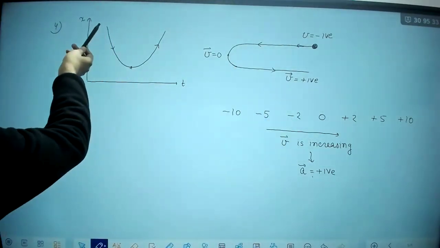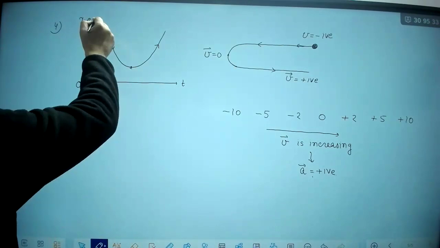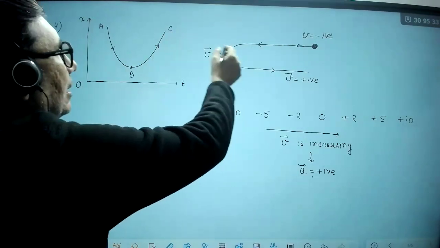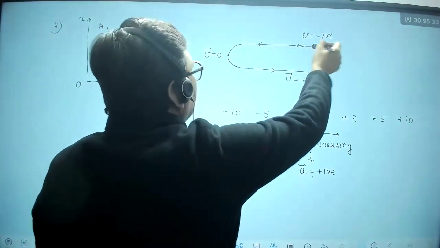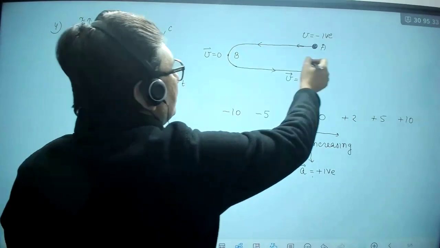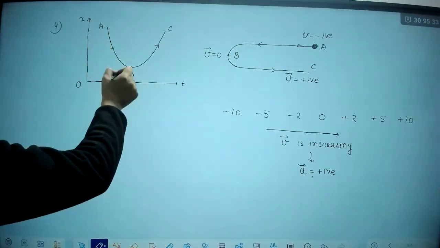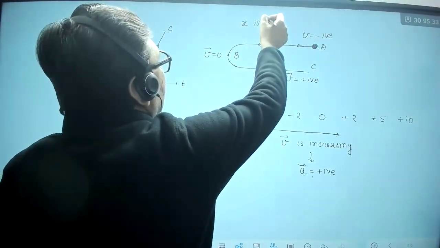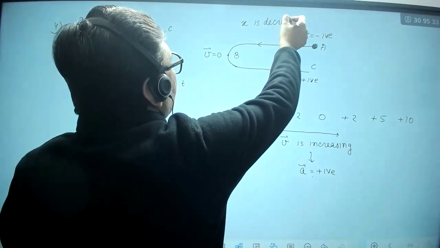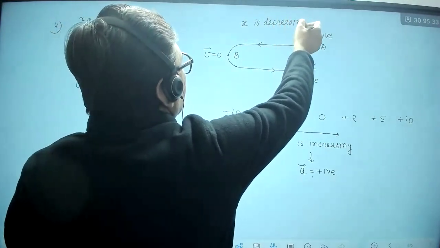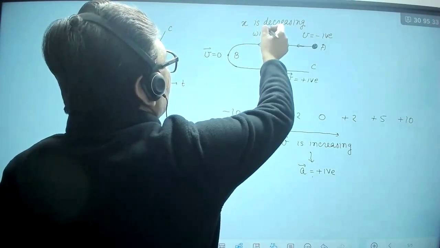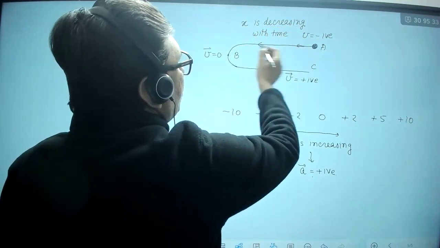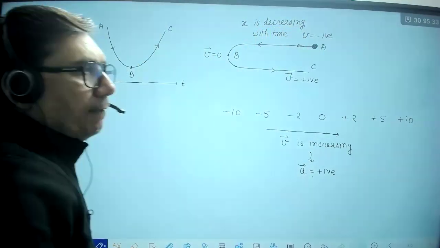Initially, look here, x is decreasing. I can write here, this is A, this is B, and this is C. I can say this is point A. Somewhere here, it will be B and then C. From A to B, x is decreasing with time. So you can write x is decreasing with time. So it means particle is moving in negative x cap direction. So in this case, velocity is negative.